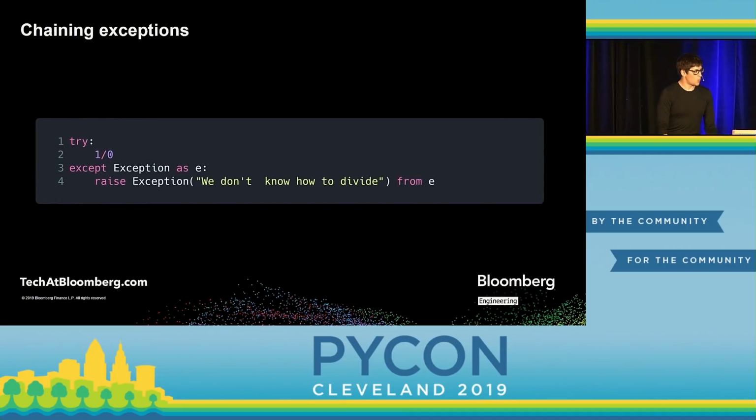Okay, so more interesting, especially when you are designing a library and you want to translate exceptions. If you are one of those blamer people, you can create an exception and say, hey, this is the exception that I'm raising, but the original fault was from this other one. So this is a way to handle an exception and translate it into, for example, your own hierarchy, but still expose the original exception that happened.